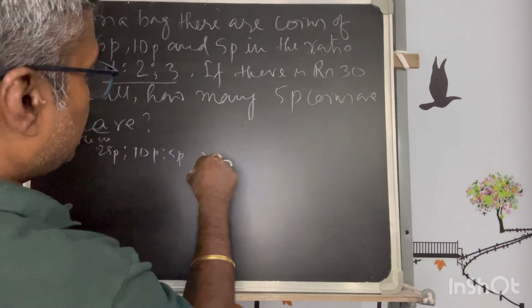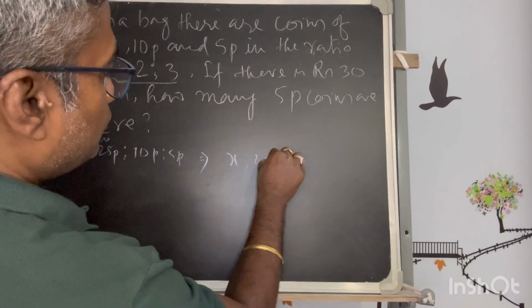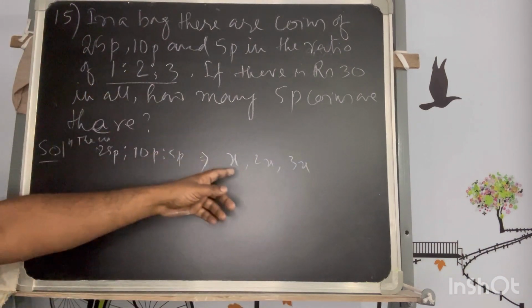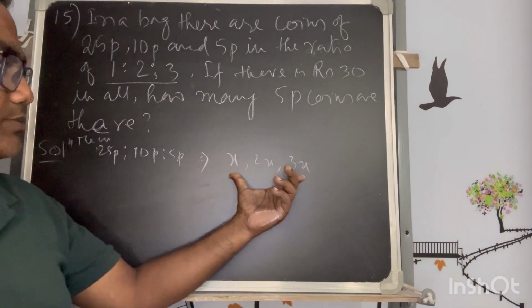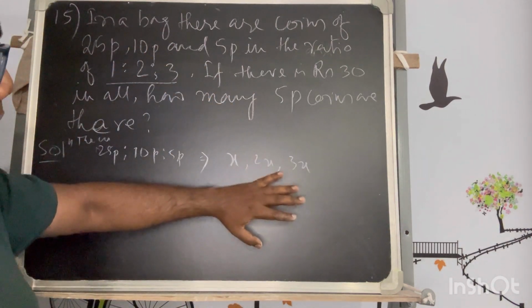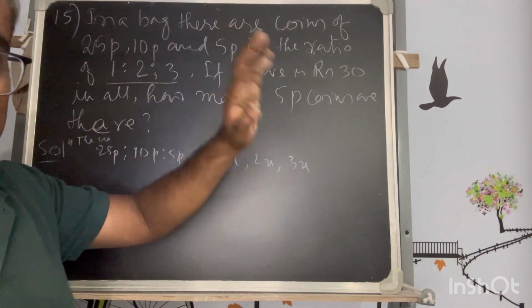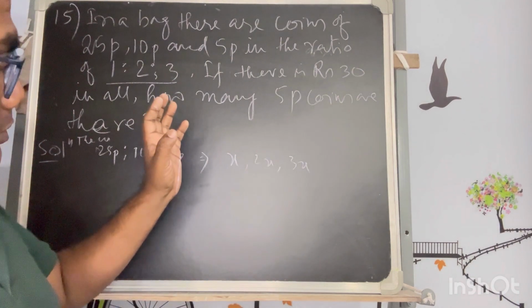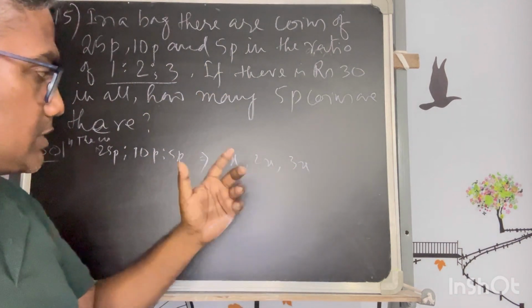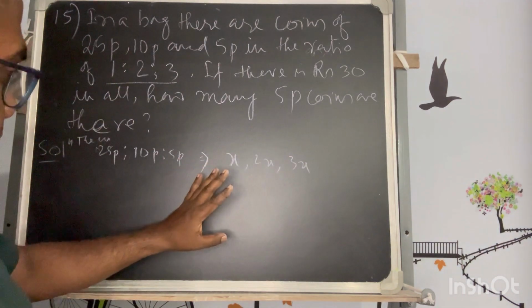I am just assuming it is x, 2x and 3x, because x is the common multiplier. In this method, I am going the direct way where it will be very easy to understand, and I will cross check and correlate with the answer I got in the earlier case. So now this is a very straightforward method.